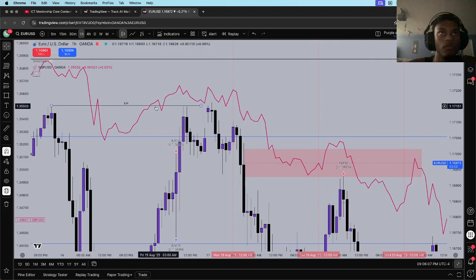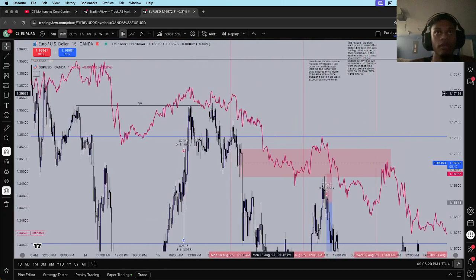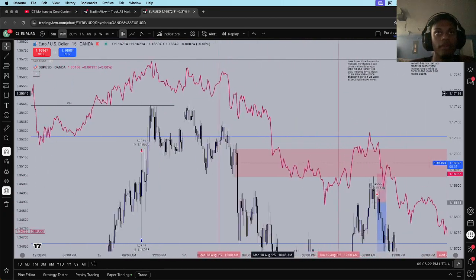Here, when price kind of swept these equal highs and then pushed down a little bit and then went back up. I think it was on the 15-minute time frame.